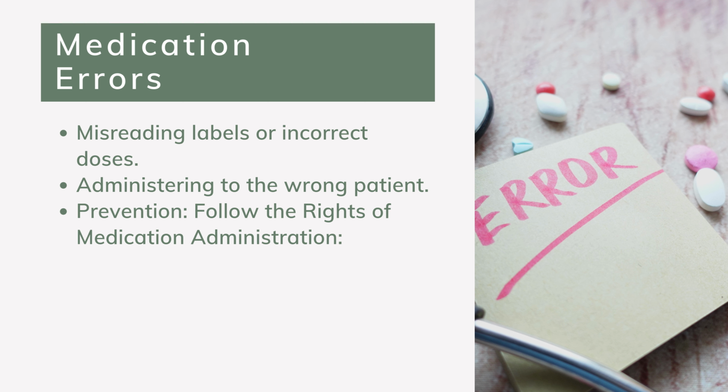Therefore, it's important to always follow the rights of medication administration, which include ensuring you are giving the right medication to the right patient with the right dose at the right time and the right route.